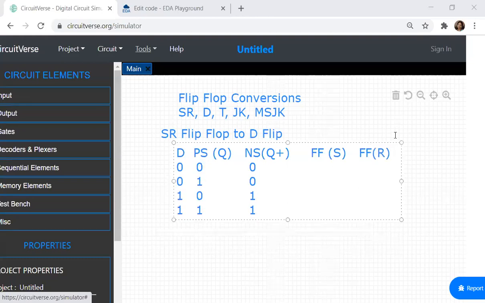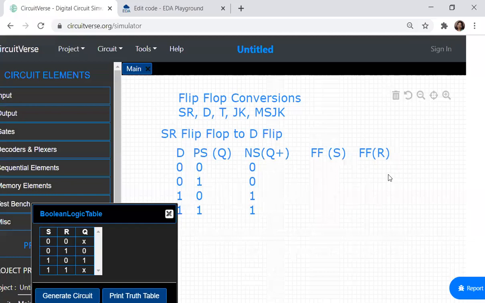Now how does that conversion come? Based on your present state and the next state value, you will write the conversion. Now, we have to write the value for S and R. If you can see over here, the next state is 0.